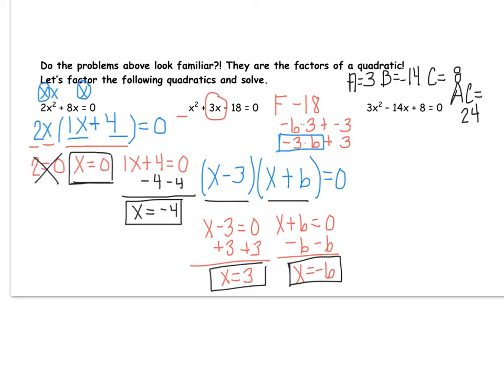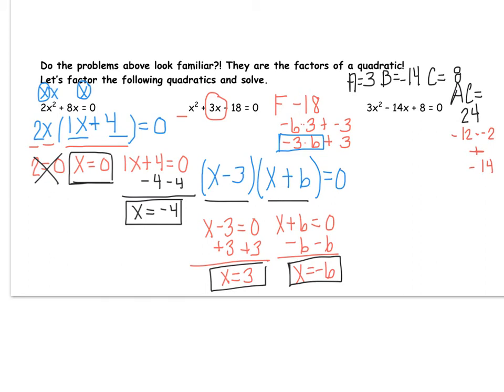I know that negative 12 times negative 2, they multiply to 24, but when I add them together, they give me negative 14. Now I know that because I've been doing this for a long time, and it comes easier for me. Some of you might take a little bit longer.